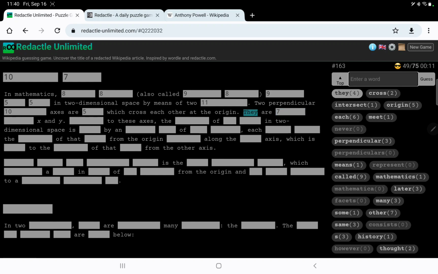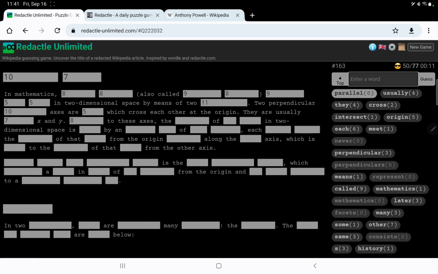They are usually not called or named X and Y. Parallel. No? Don't have any parallel. Interesting. Eight to these axes.